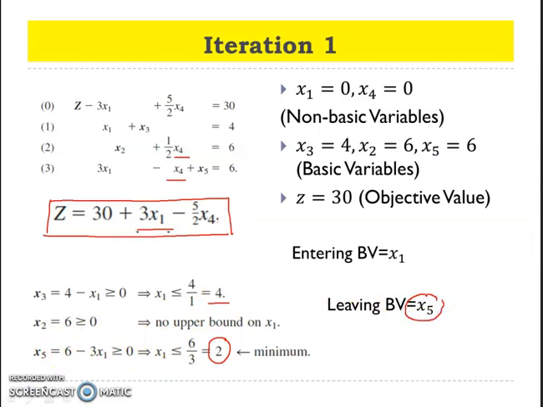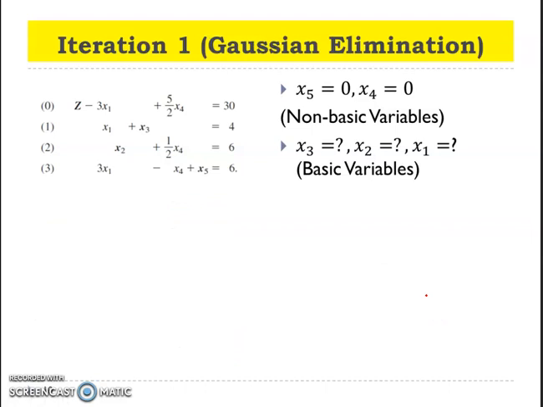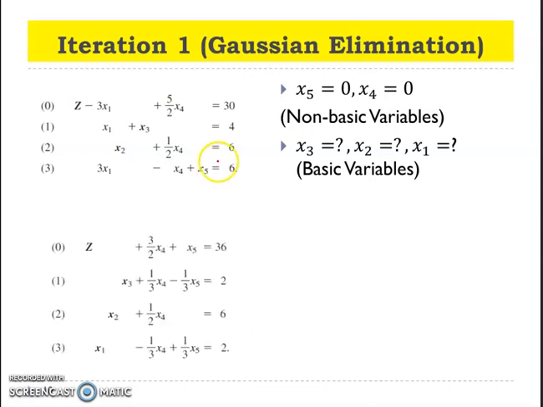So now we have to do the Gaussian elimination as we have done in the previous iteration, so that we can find a new set of equations. This is the Gaussian elimination, because these are the basic variables.